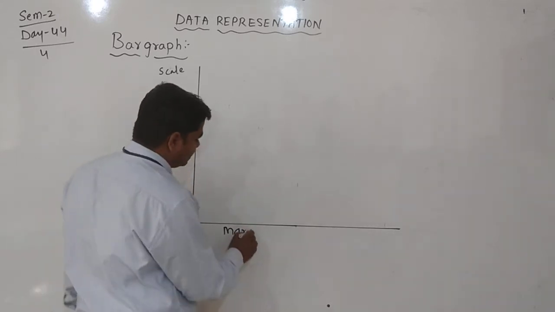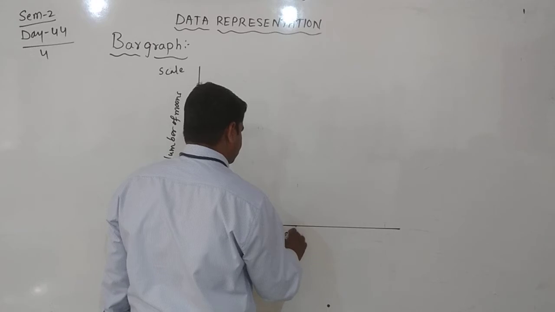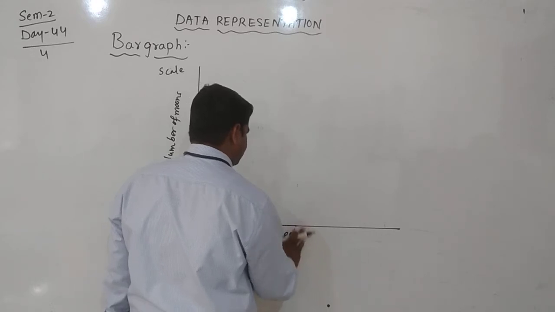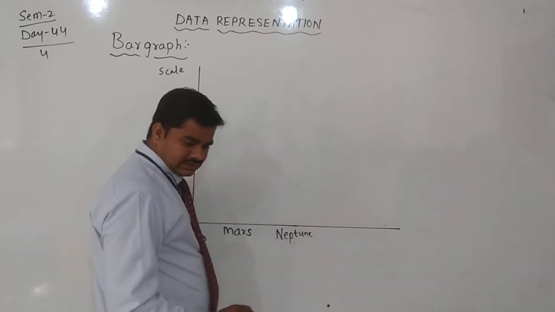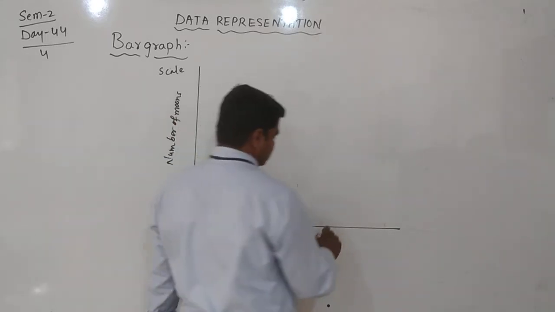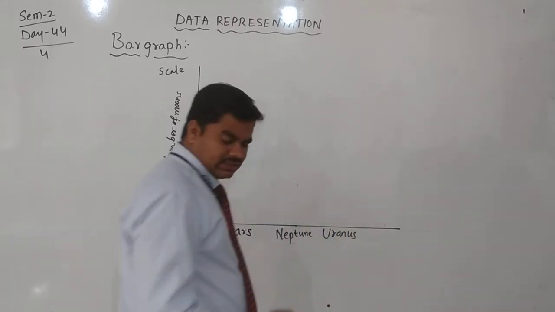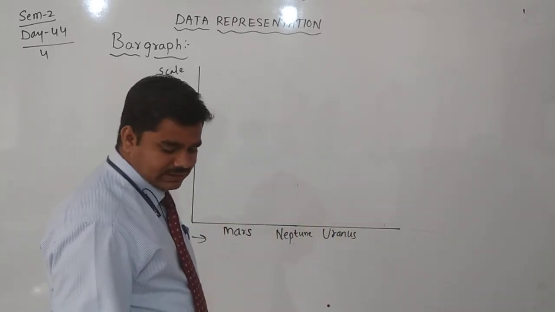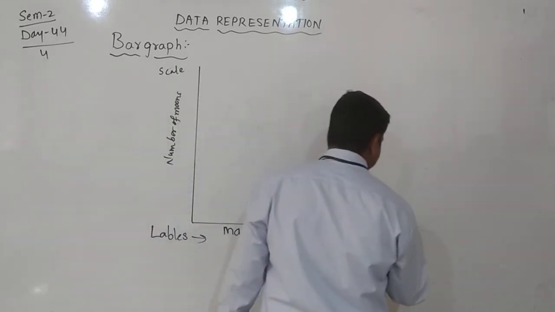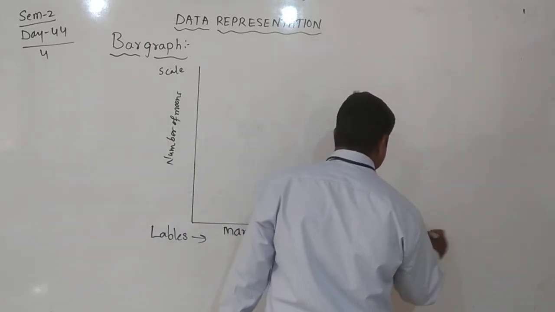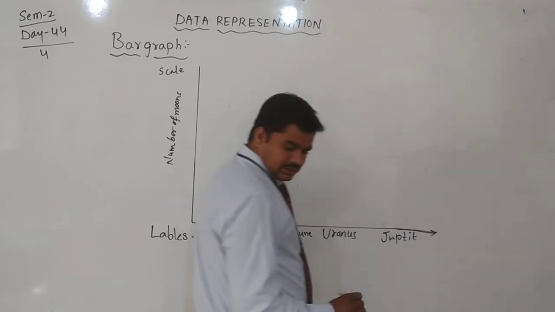Next, Neptune. Next, Uranus. You might have heard these names in EVS. Next, Jupiter.